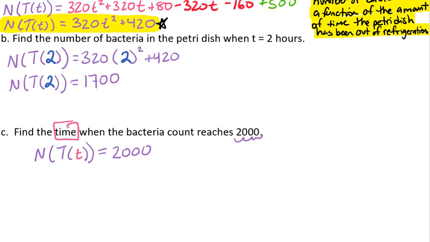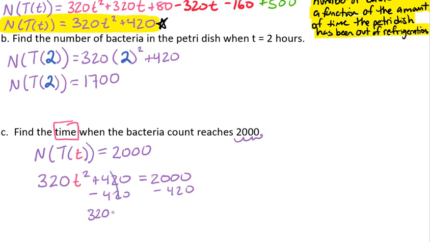So we're going to take our equation, 320t² + 420, and set it equal to 2,000. Now we're just going to solve for t. We'll subtract 420 from both sides, leaving us 320t² equals 1,580.